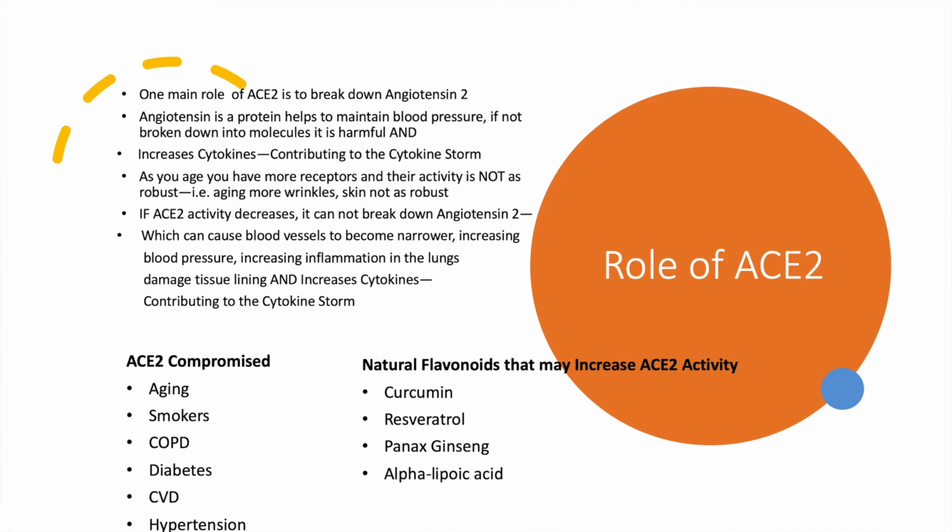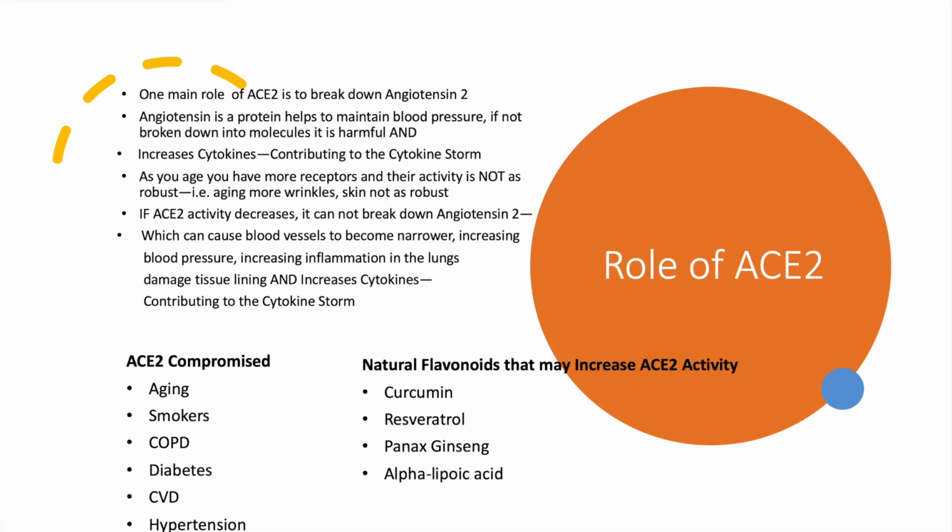And if ACE2 activity decreases, it cannot break down this angiotensin 2, which can cause blood vessels to become narrower, increases blood pressure, increasing inflammation to the lungs, damaging tissue lining, and increases cytokines, contributing to the cytokine storm.